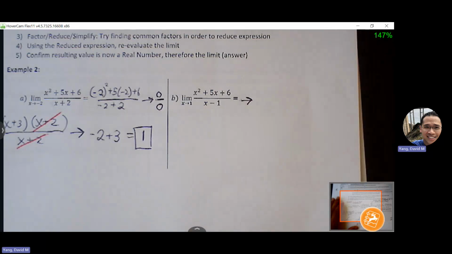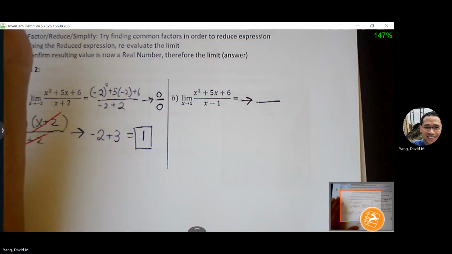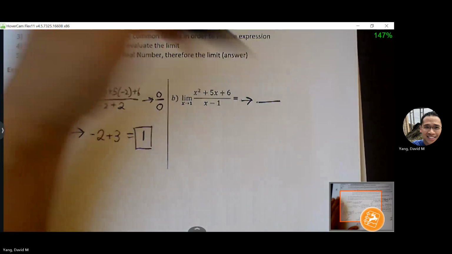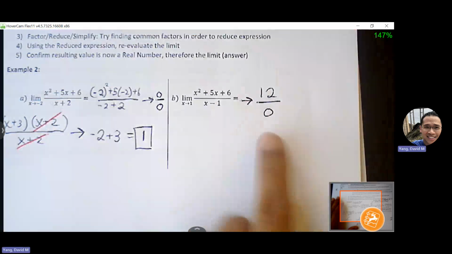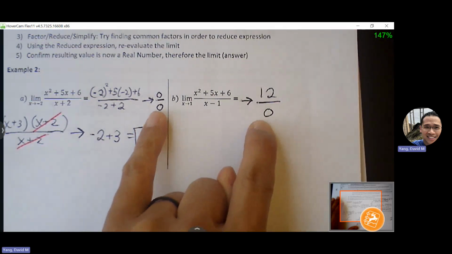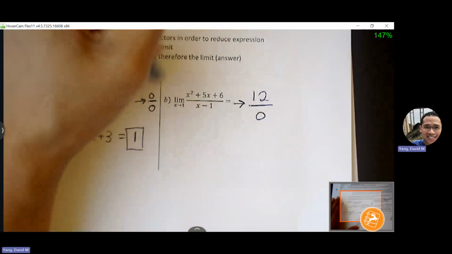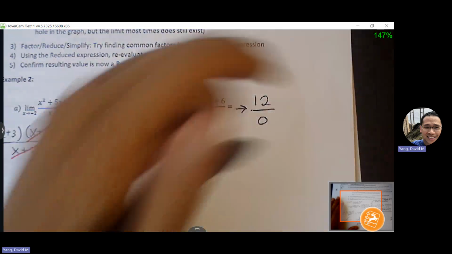Okay, so direct substitution, 1 in for x, numerator, we get what? 12. Denominator, we get 0. Is this defined? This is undefined, but it's different than 0 over 0. 0 over 0 tells us that there's a hole in it. This tells us that the limit exists, then we keep going.